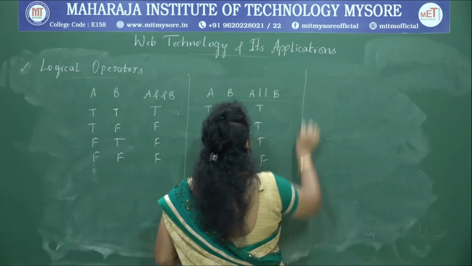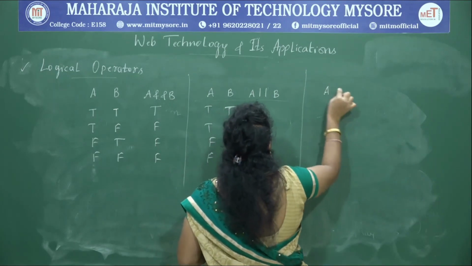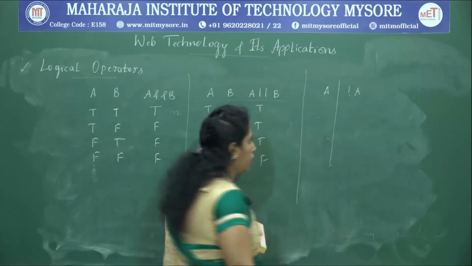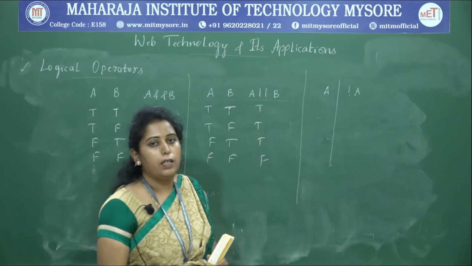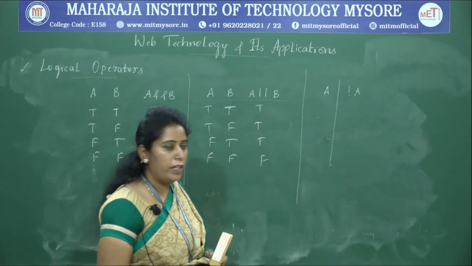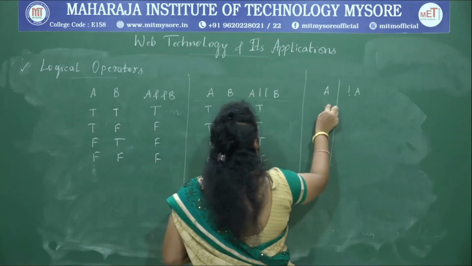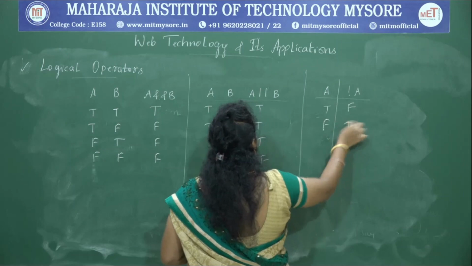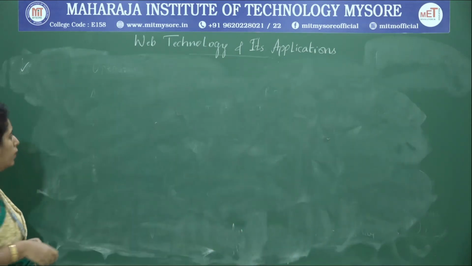Next is logical NOT. So logical NOT is a unary operator. It has only one operand. So when the operand is true, the result will be false. When it is false, the result will be true.